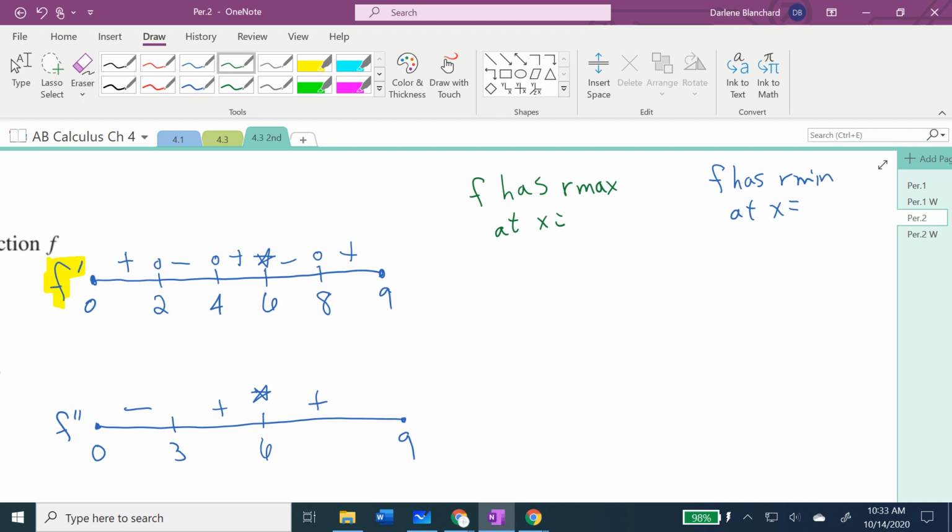And two, it actually runs as a justification at the same time. You're going to have to say it anyway. So we're going to be using the first derivative test to determine relative max and min. According to the first derivative test, a relative maximum occurs when f prime changes from what to what?